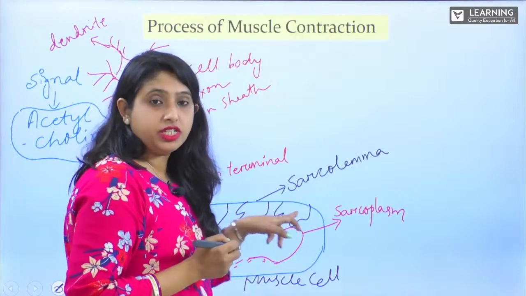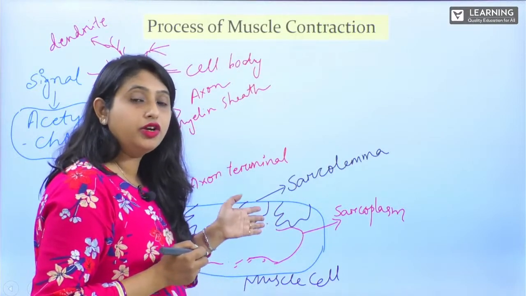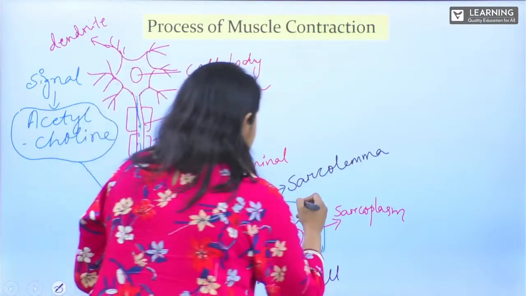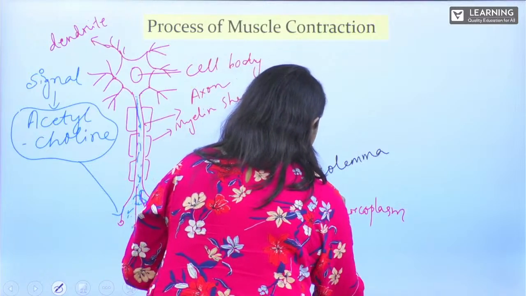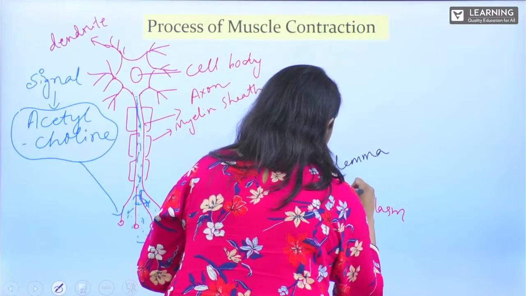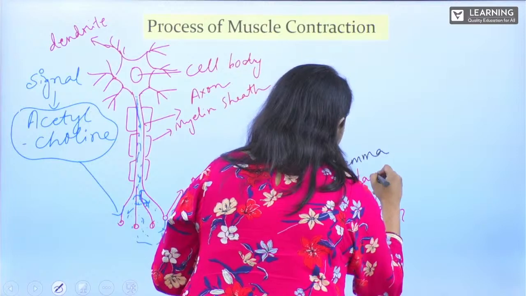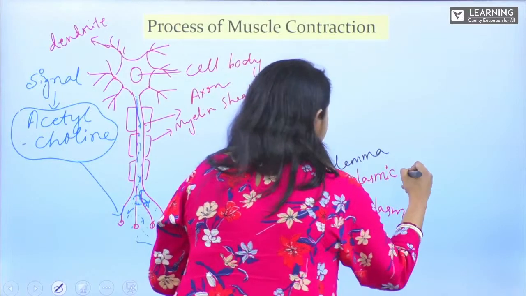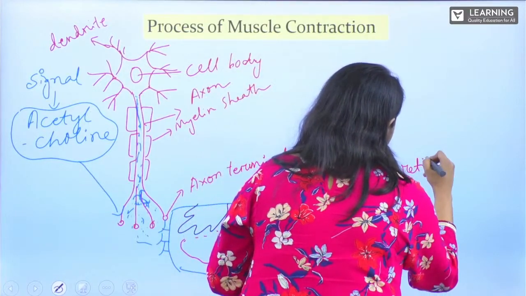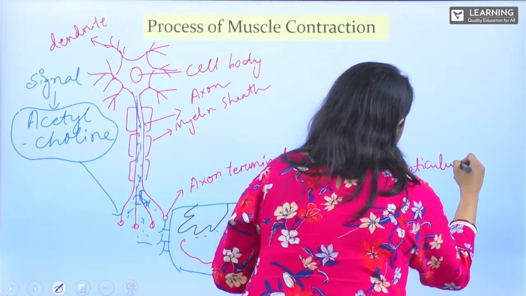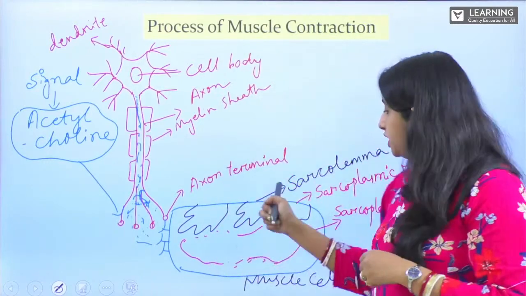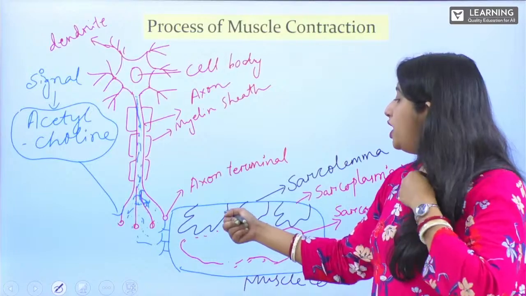And the endoplasmic reticulum is known as sarcoplasmic reticulum. Clear? So what happens?